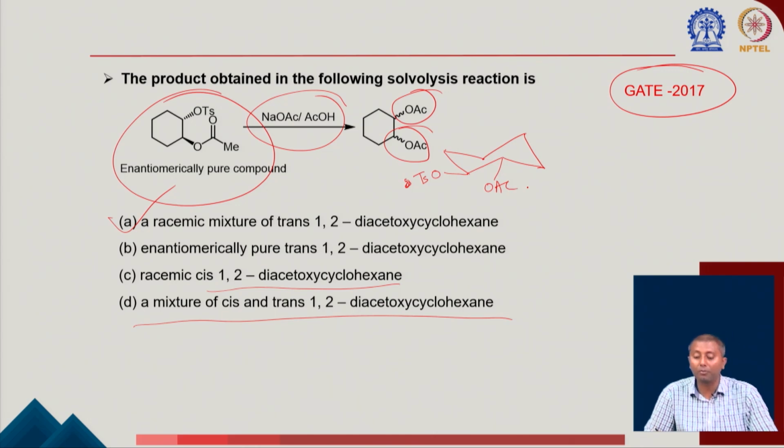Now you can think that once both are in the equatorial position, they cannot do anything, there is no reactivity here. But once you go for a ring flip, again you will be seeing that, and draw this.